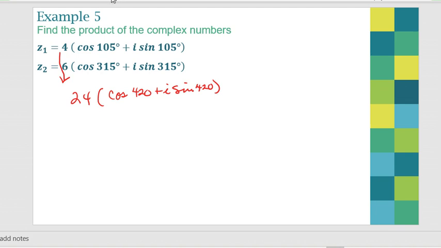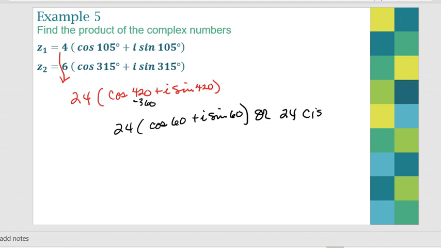But you can't leave this over 360 degrees. So you've got to subtract off the 360, which gives you 24 cosine of 60 plus I sine of 60. Now, this is the last time I'm going to take my time writing it out. This is the same thing as 24 cis 60, and we're done.